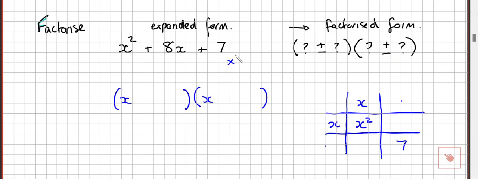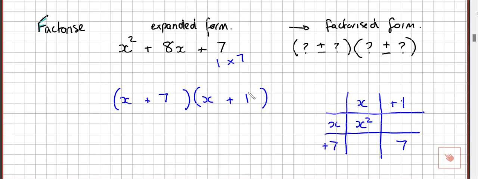So what numbers could multiply to make 7? 1 and 7, and that's it. Yeah? 1 times 7. So actually, it looks like if we have plus 1 here and plus 7 here, that would be the right thing, yeah? So we look like that is our only option. So I'm going to have x plus 7 and x plus 1.